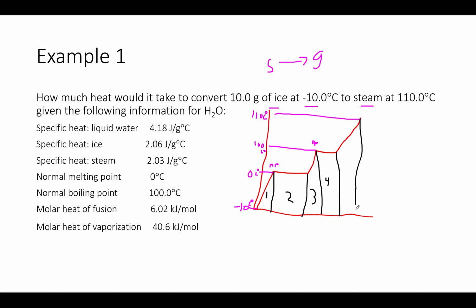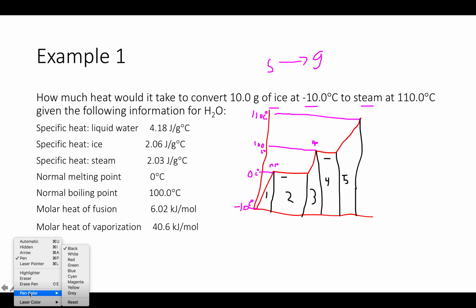And our 5th Q here. So 5 Qs. If you recall, in between Q2 and Q4, we need to use the molar enthalpies because there is no change in temperature.